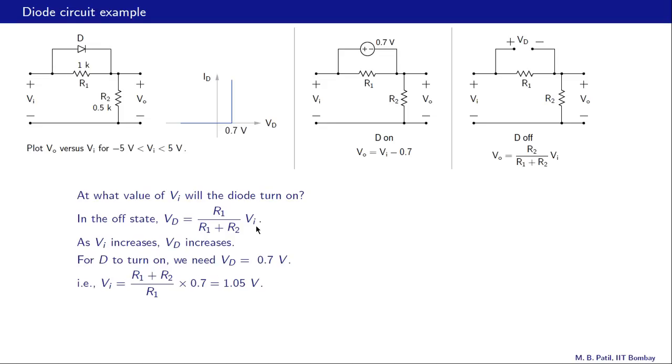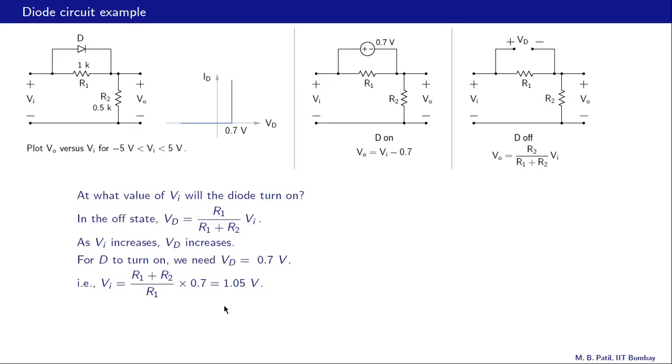So we put this equal to 0.7 volts, and that gives us the condition for Vi at which the diode will turn on. And that is given by this expression here. And when we substitute values for R1 and R2, we get Vi equal to 1.05 volts. So if Vi is 1.05 volts or greater, then the diode conducts, otherwise it does not conduct.